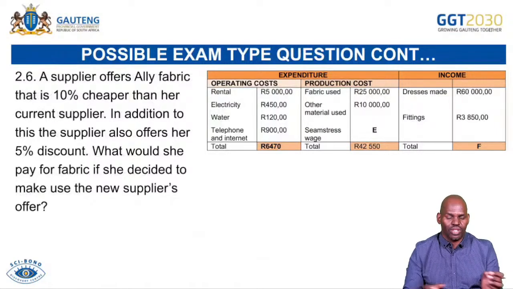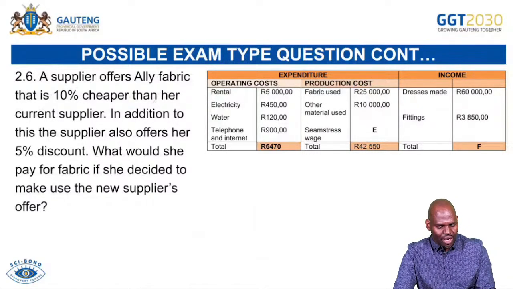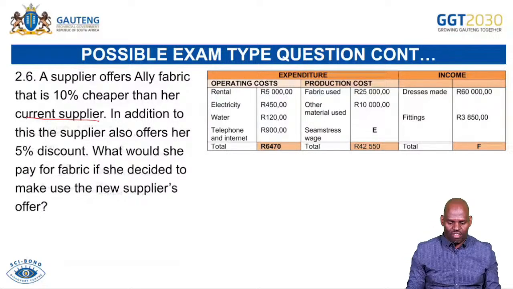Right, then still on the very same one, they say a supplier offers Ali fabric that is 10% cheaper than the current supplier. Okay, in addition to this, the supplier also offers a 5% discount. What would she pay for fabric if she decided to make use of the new supplier's offer?